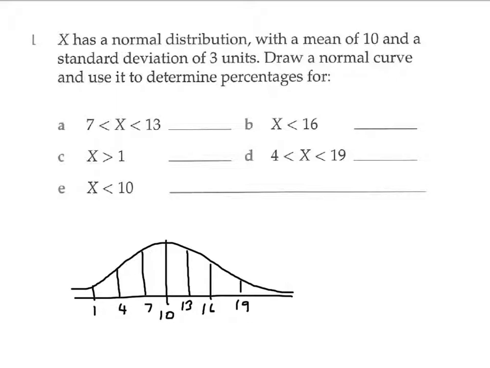And I'll just do a couple of these questions. What's the probability or percentage, sometimes they'll ask for percentage, sometimes probability, that x is between 7 and 13? So there's 7 and 13. That probability, remember, is 34 and 34, 68%.